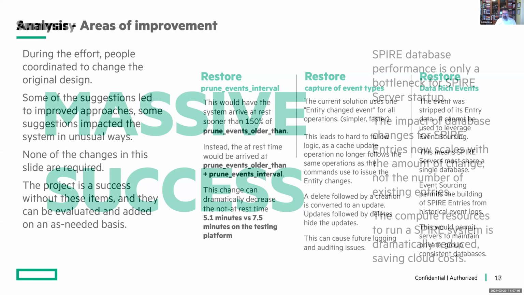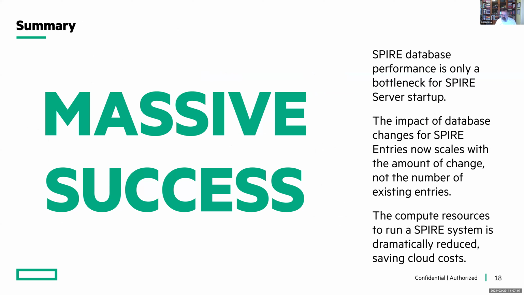So the entire project was deemed a massive success by Bloomberg and HPE, and by pretty much anybody who wants to use it. I highly suggest that if you wish to use this, you get all of your servers on 1.9, and then you enable the experimental features to turn on the database events.